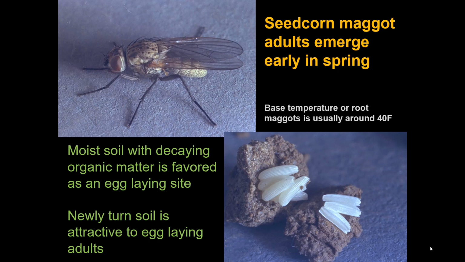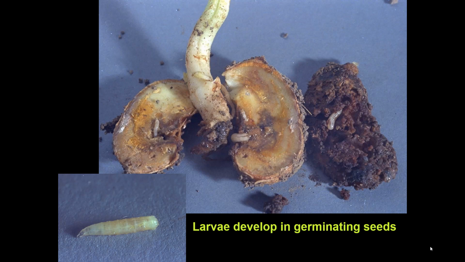So if you had incorporated fresh organic matter or tilled in a green manure crop, at that point, it becomes very attractive to these adult flies who will then lay eggs there, and anything you may plant immediately after that is very likely to be damaged. So they may feed on the decaying plant matter, but if you then go in and plant your corn or your beans or your pumpkins into that site, there'll be a lot of maggots in there, and they may take out the seeds of your crop as well.